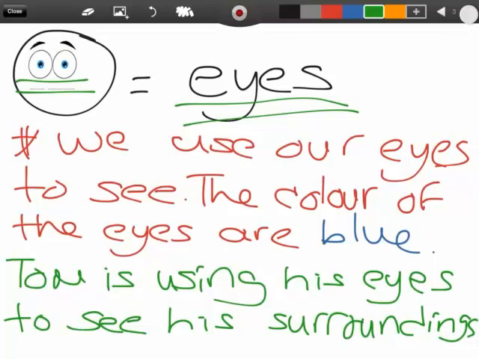I'm going to go ahead and read that for you. Tom is using his eyes to see his surroundings. So in this picture, it's called eyes.